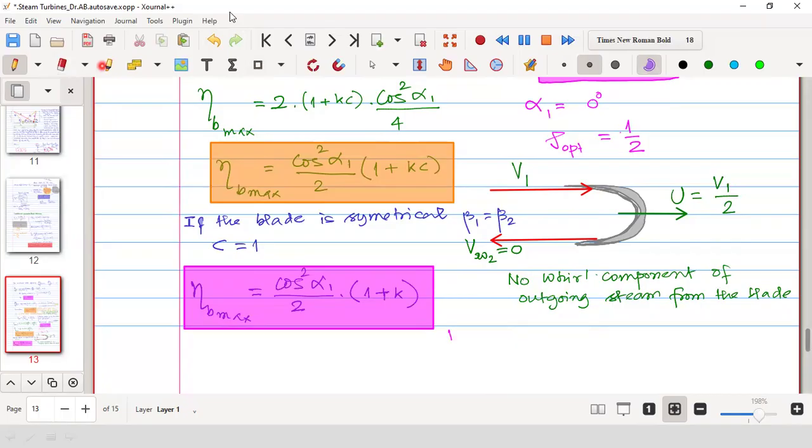This is the maximum blade efficiency for symmetrical blade. Okay.